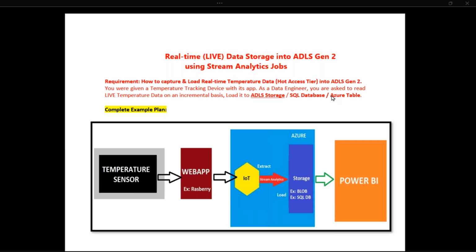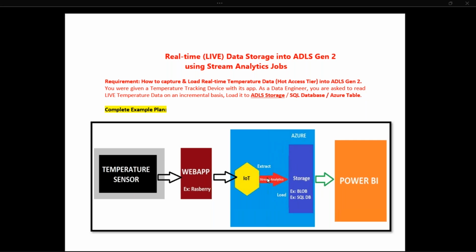You have different options to use this app called Raspberry app, which can capture temperature sensor and send it to a resource called IoT resource, Internet of Things. From IoT resource, we send it to storage account.